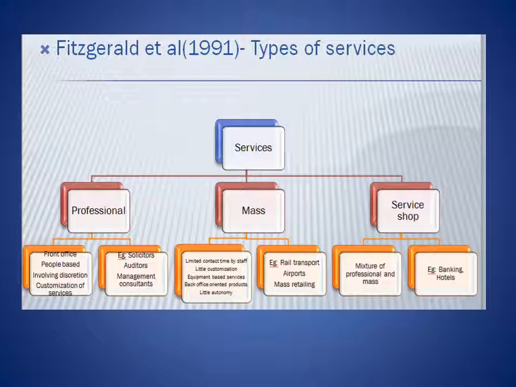For example, you have limited contact time by staff, little customization, equipment-based services, back-office-oriented products, little autonomy involving services, for example, rail transport, airport, mass retailing. Whereas there are also services like shop services, that is a mixture of professional and mass, for example, banking and hotels.